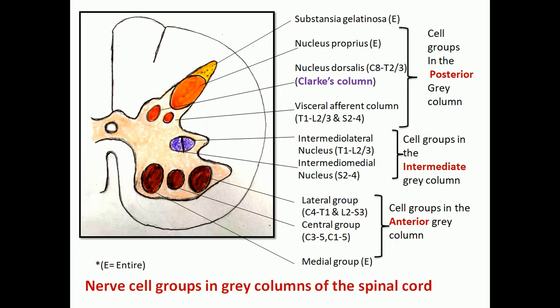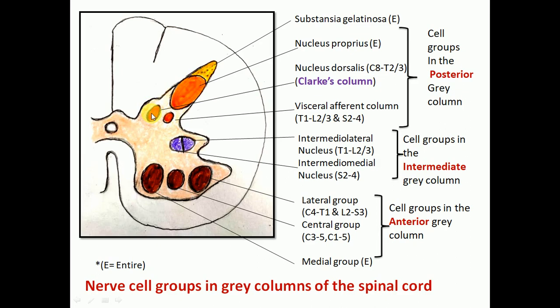Now, anterior to, or ventral to, the substantia gelatinosa there is a larger nucleus, the nucleus proprius, that is also present throughout the length of the spinal cord, and that portion is related with proprioceptive sensation. Next to this there is the base of the posterior horn.